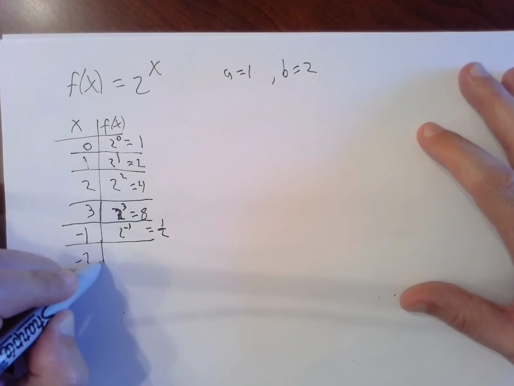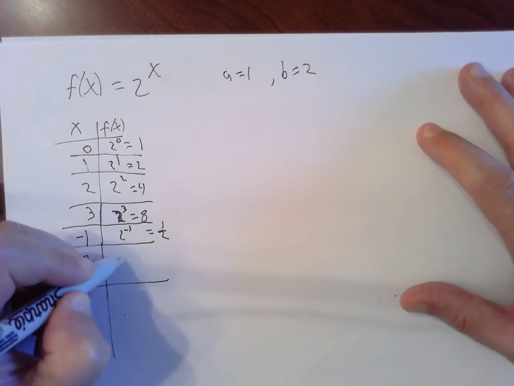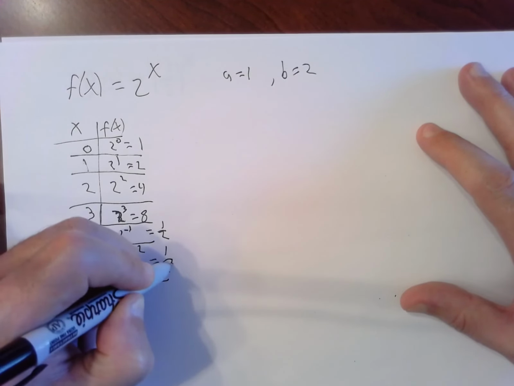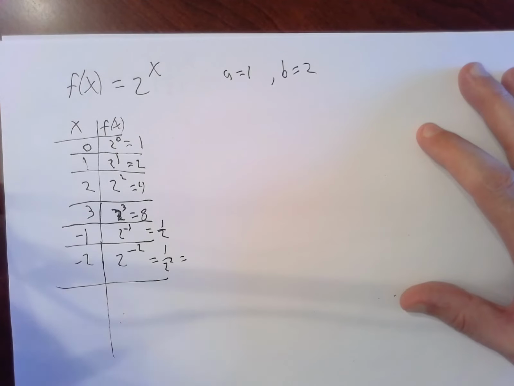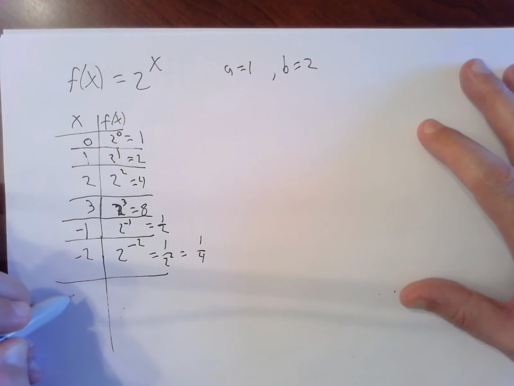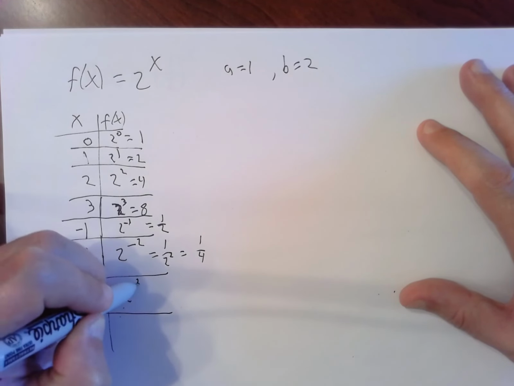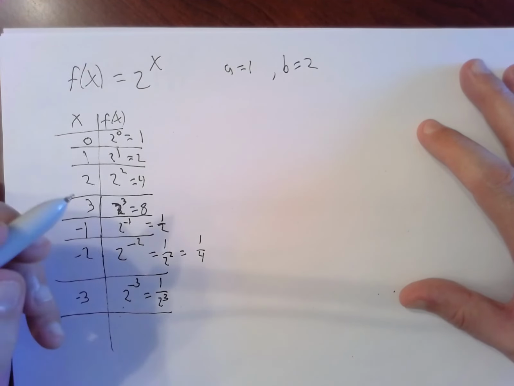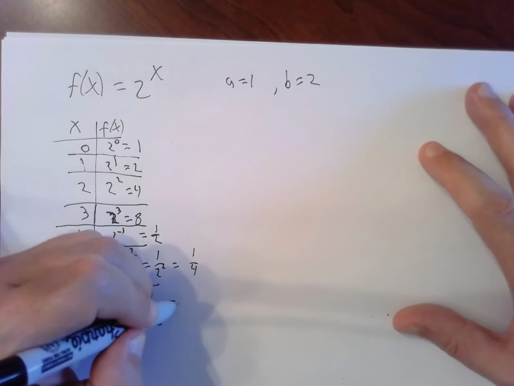What about negative 2? 2 to the negative 2 power means 1 over 2 squared. 2 squared is 4, so 1/4. Hey, seeing a pattern here? Negative 3. 2 to the negative 3rd power means 1 over 2 to the 3rd, which is 1/8.